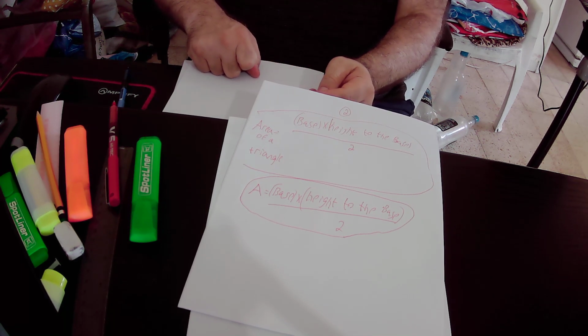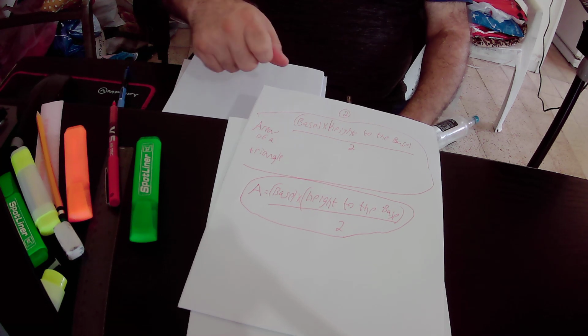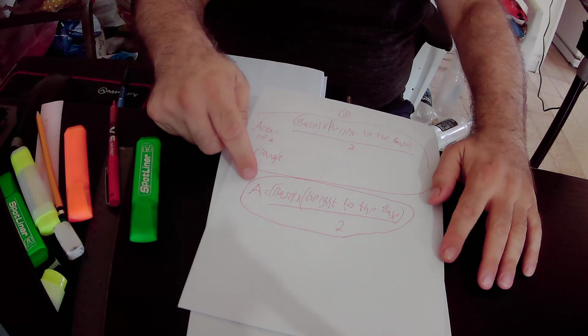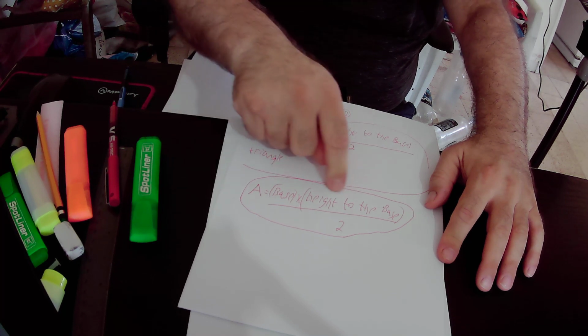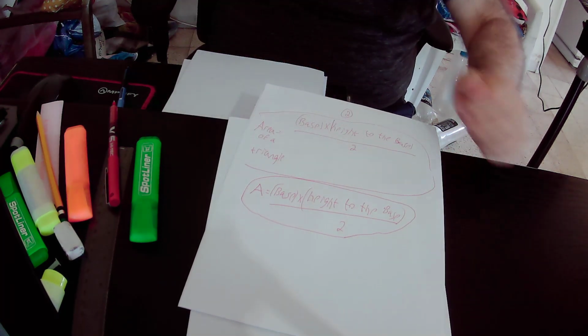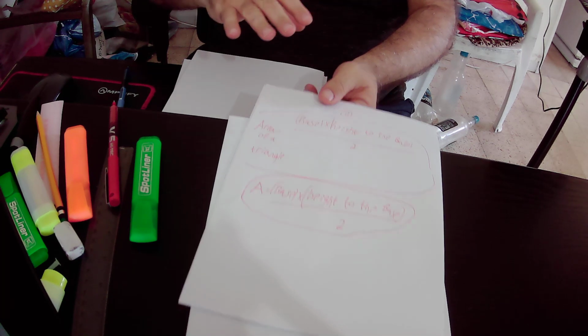We can use capital A as the abbreviation for area. So the area A equals the base of the triangle times the height to the base, all divided by 2. Okay, so this is the formula for the area of a triangle.